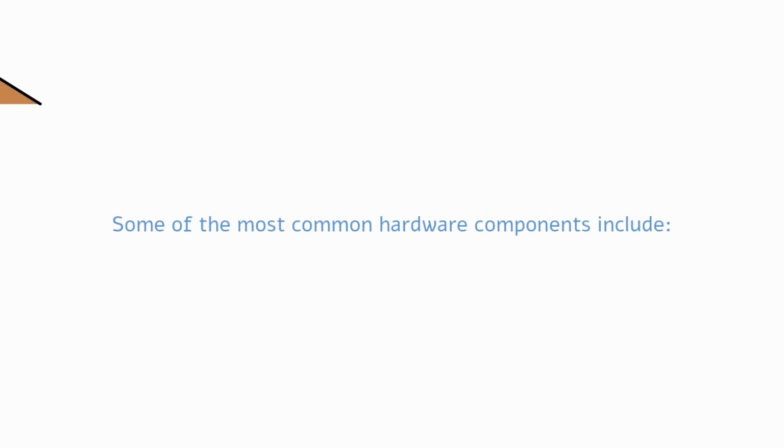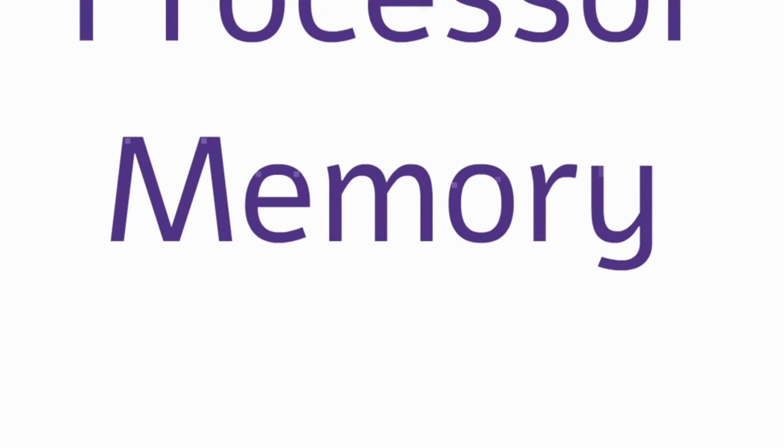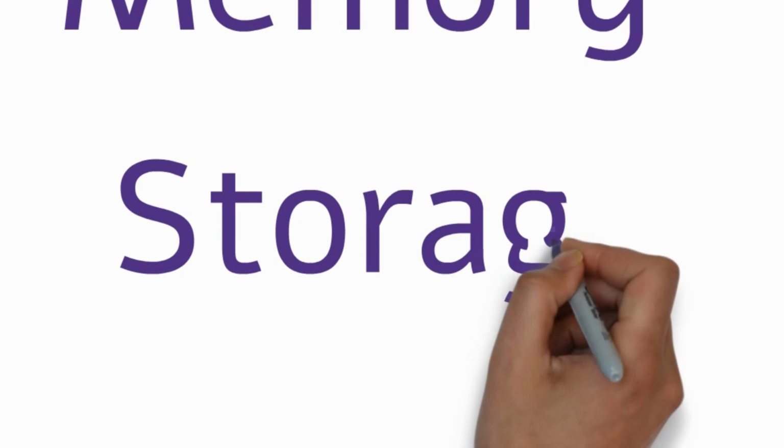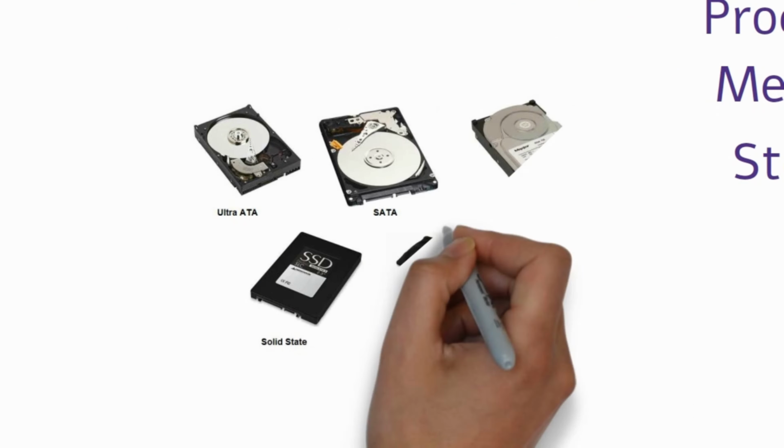Memory, random access memory, or in short, RAM, used to temporarily store data that the processor is currently working on. Storage: hard drives, solid state drives, and other storage devices used to permanently store data and programs.